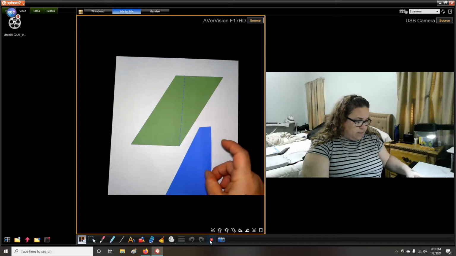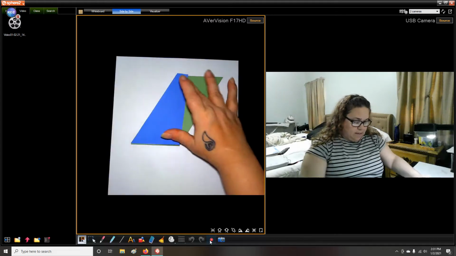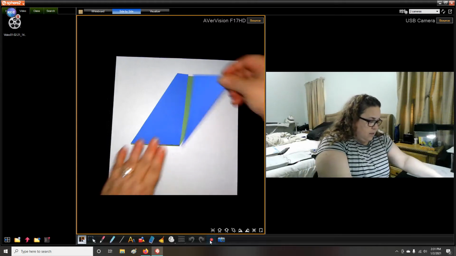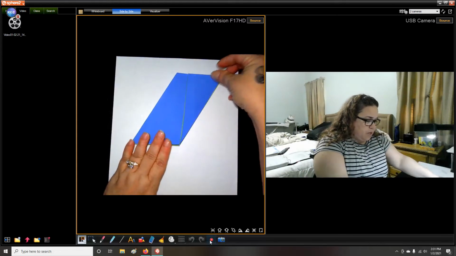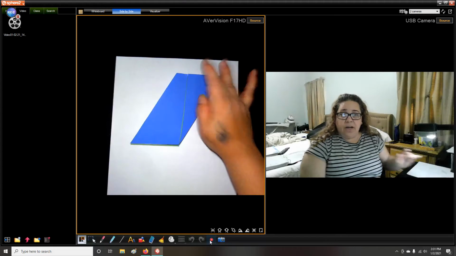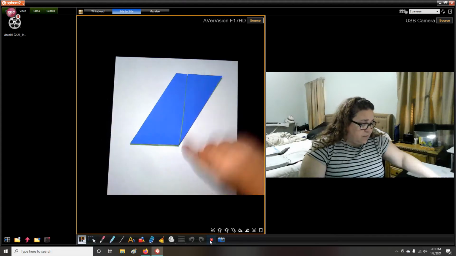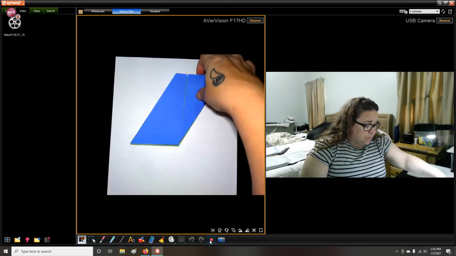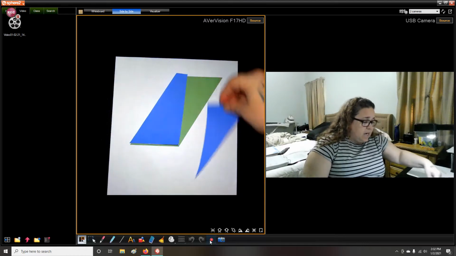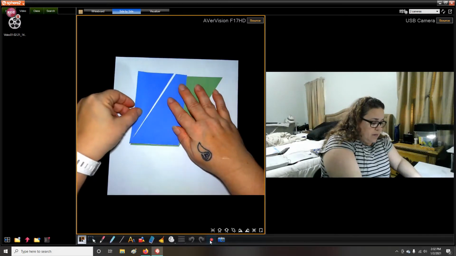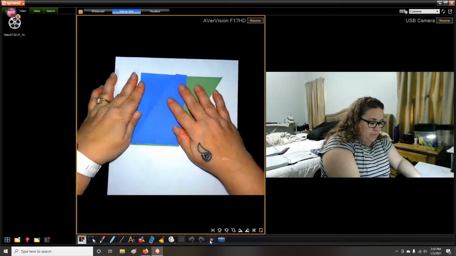This is this side, and this is this side of that blue dotted line. So that's my parallelogram. If I cut it from the base to the top of the shape, its highest point, and I move it over to the side, it becomes a rectangle, doesn't it?